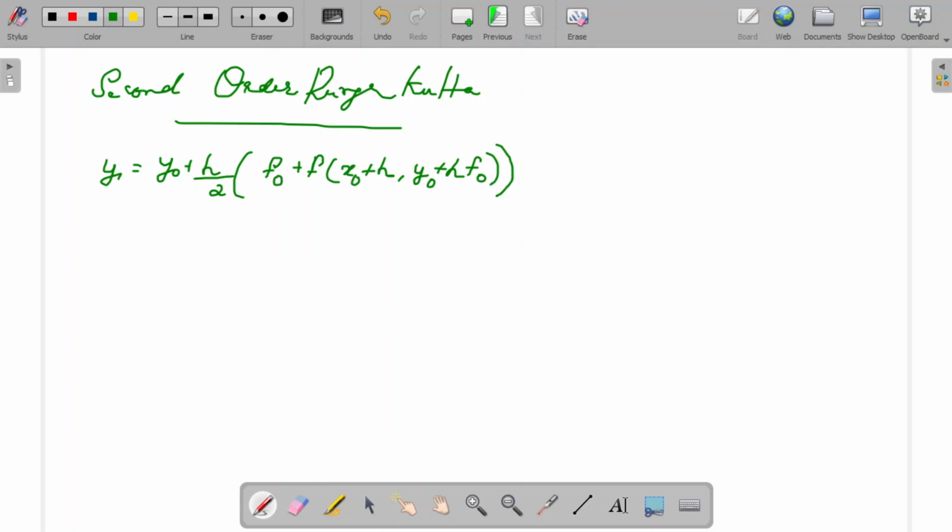So this is basically Euler's modified method itself.